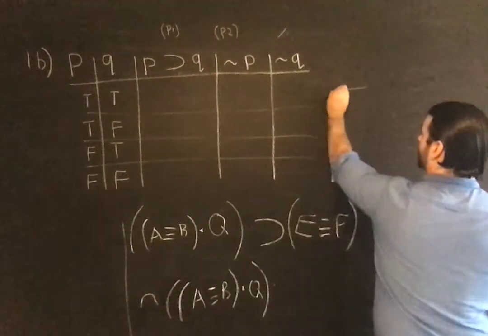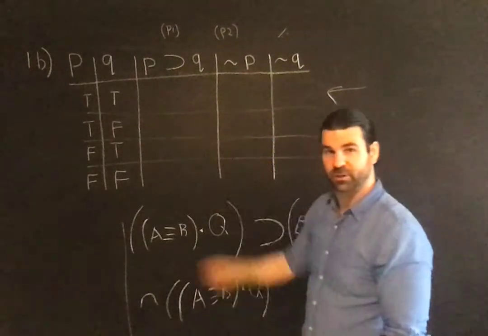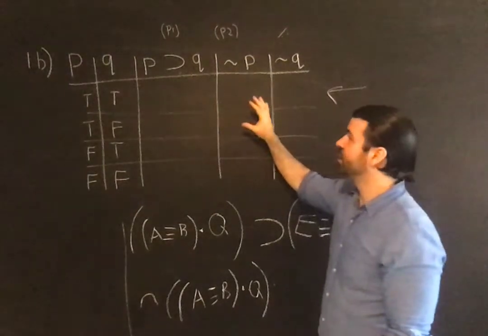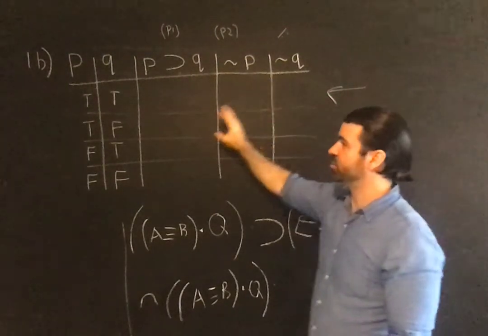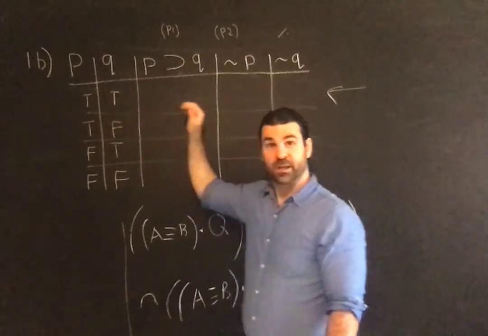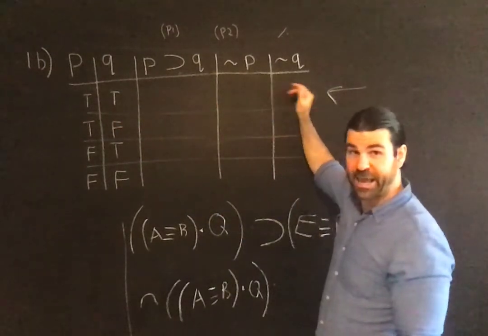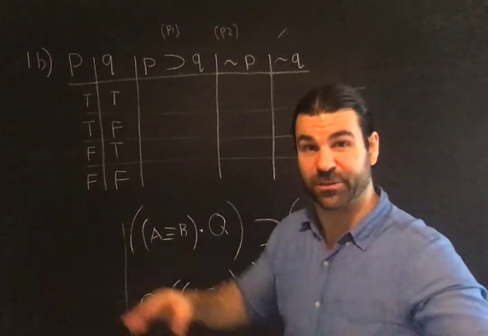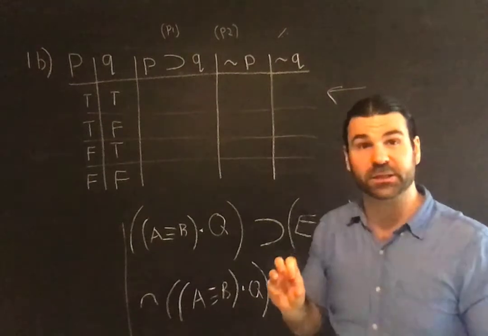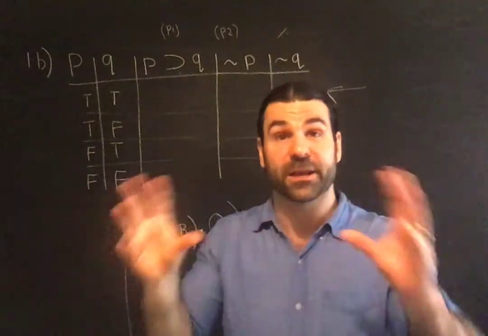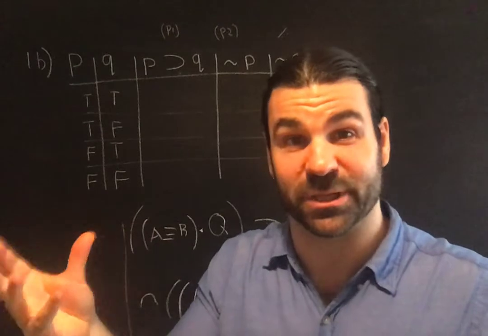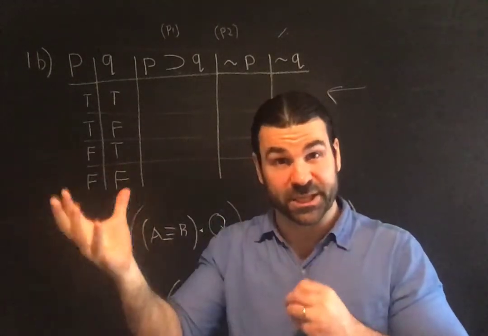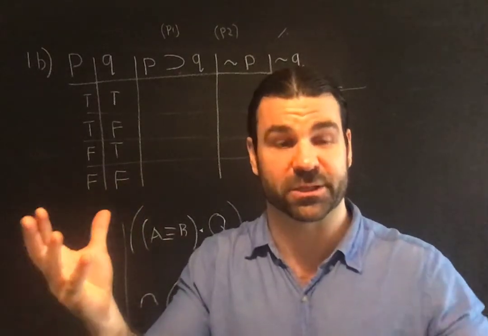Just take row 1. Columns are up, down; rows are across. This first row is this particular argument when P is true and Q is true. We're going to call this a substitution instance, but you've got to recognize this one row in the truth table nonetheless stands in for an infinite number of actual substitution instances, when we understand substitution instances as particular arguments with particular meaningful English sentences.